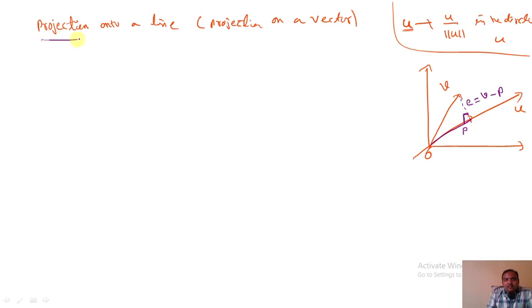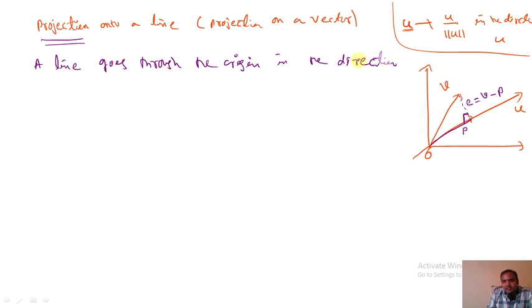Now, what are we writing here? A line or vector goes through the origin, in the direction of u. If you write line or vector, both are the same thing.